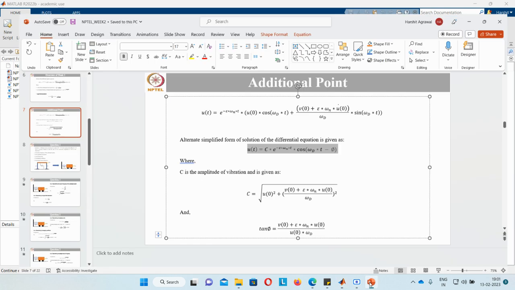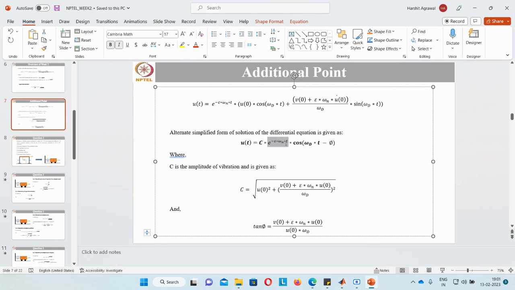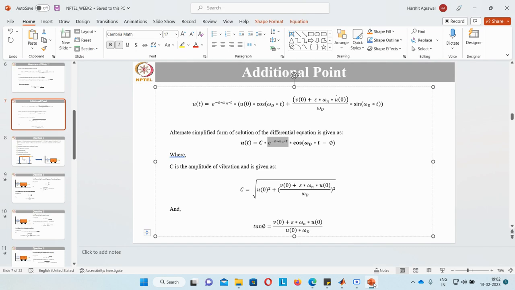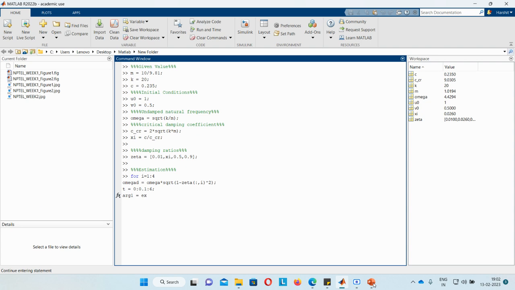So first is this value. I'm saying this is argument. Okay, so argument one, you can say any name to the parameter. What is that? That is e to the power minus epsilon omega n t. So exponential of minus epsilon, that is my zeta.